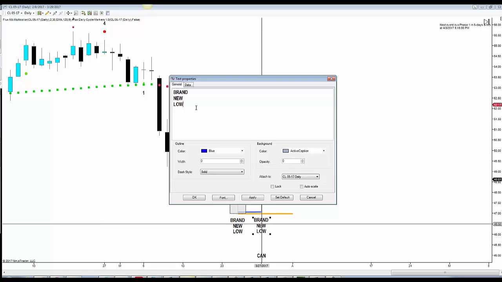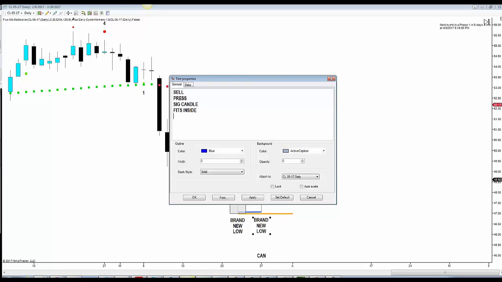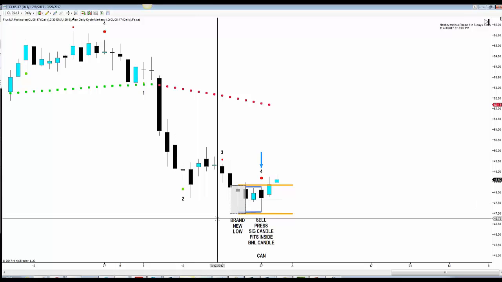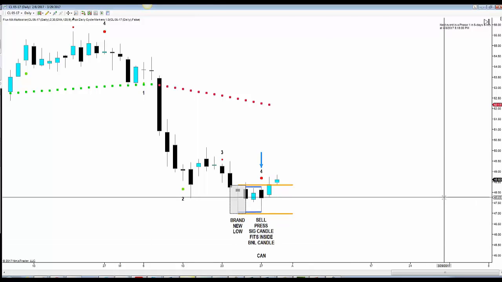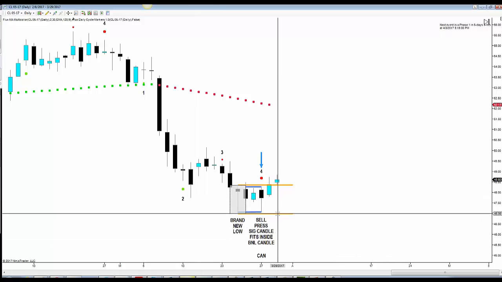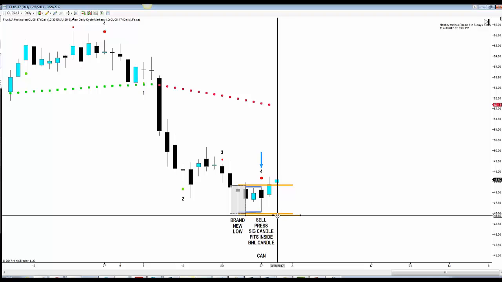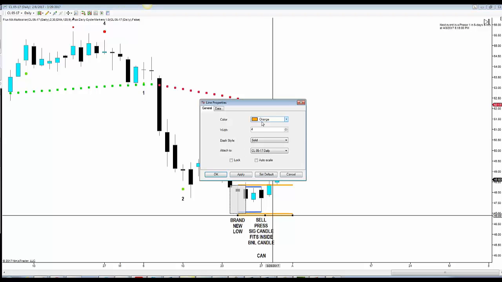We'll find them today during the class for the brand new high. Selling pressure signal candle fits inside brand new low candle. When that happens, this is the trigger. Your stop is just below the low of the brand new low.